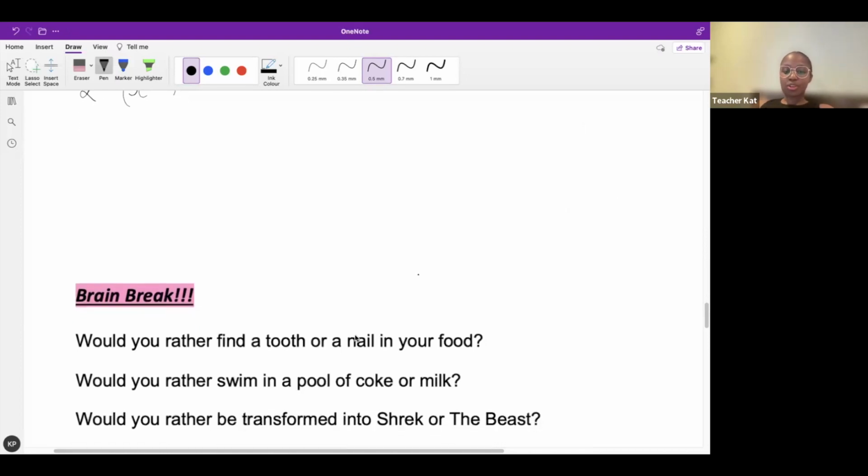Next one, would you rather be transformed into Shrek or the Beast from Beauty and the Beast? So if you wake up tomorrow, do you want to wake up as Shrek or the Beast? I actually choose Shrek as well, guys. I'm surprised so many more people say Shrek. Wow.